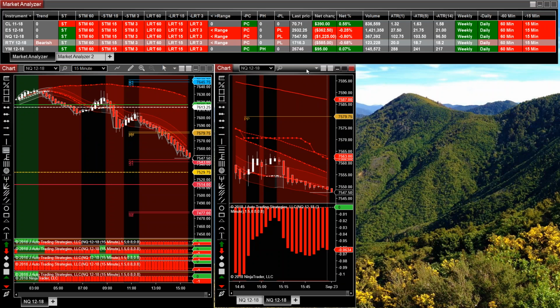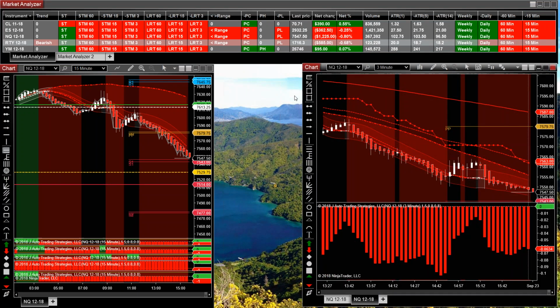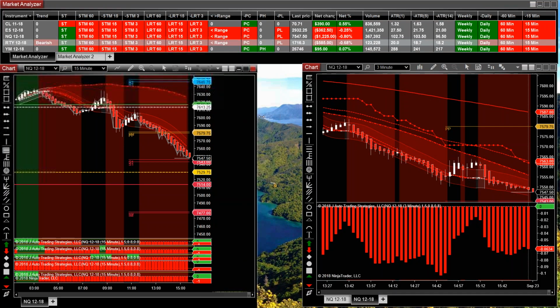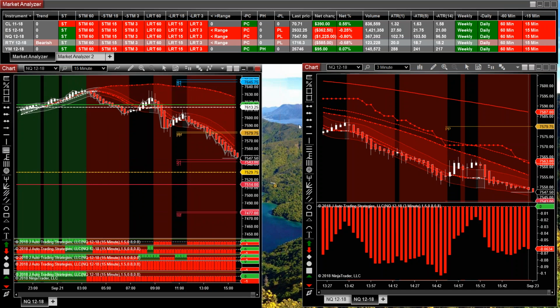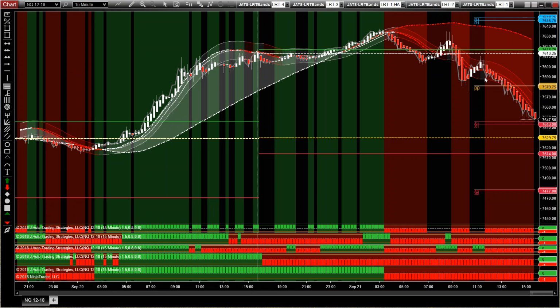And then we go to the linear regression templates, which we use a lot in the trade room. And that is on a 15-minute and 3-minute.